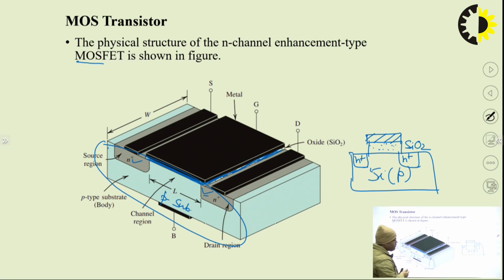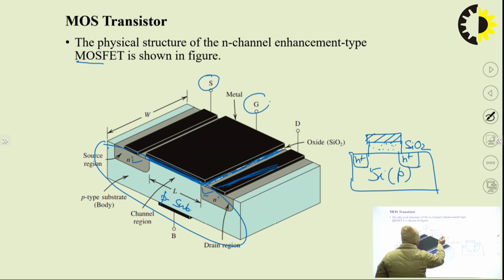At the base we have the substrate, and a metal contact is made above the N plus diffusion regions. Abbreviation S is used for source, G for gate, D for drain. To show the substrate we use B, because the substrate is also called the body. Substrate is basically the base on which the entire MOSFET is grown.